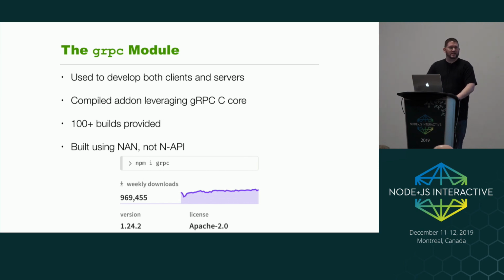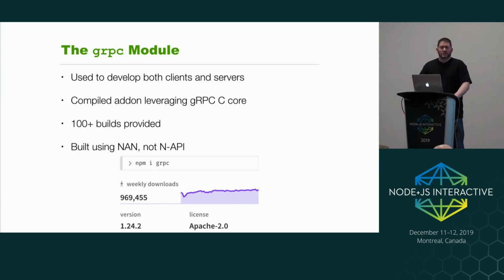It actually predates N-API, so it's built using NAN, which is no longer considered the best way to write native add-ons. And native add-ons come with a number of other issues, which I'll talk about in a second.